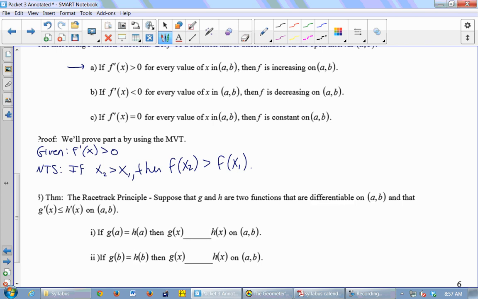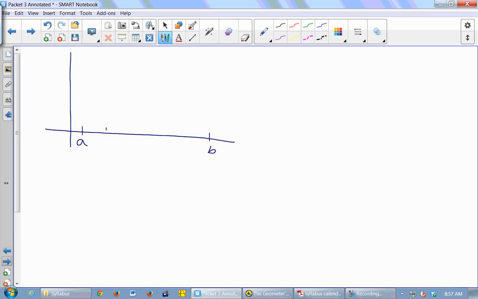So these are completely random. I'm just going to put an x2 and an x1 on my picture, for any x1 and x2 between a and b. x2 is bigger than x1. All right, so I need to show that f of x2 is bigger than f of x1.